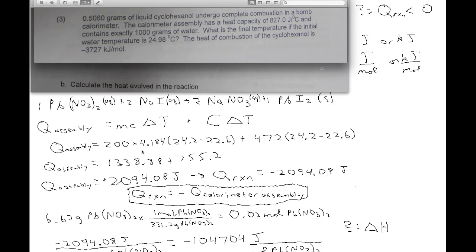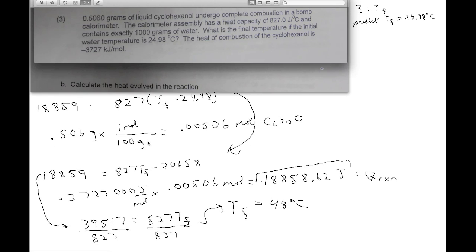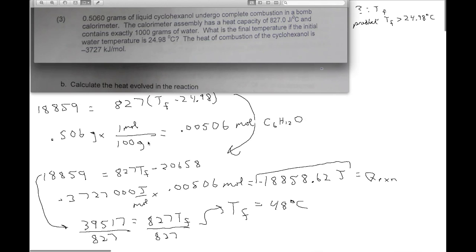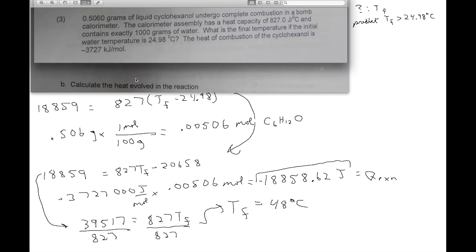Did we use that when we did this problem? Wait, no. That was number 3. Yeah, so for that problem, we never used the 1,000 grams either. I thought that when they said assembly, they meant including the water, but maybe by assembly they only meant the solid portions. Again, I might have misinterpreted that.